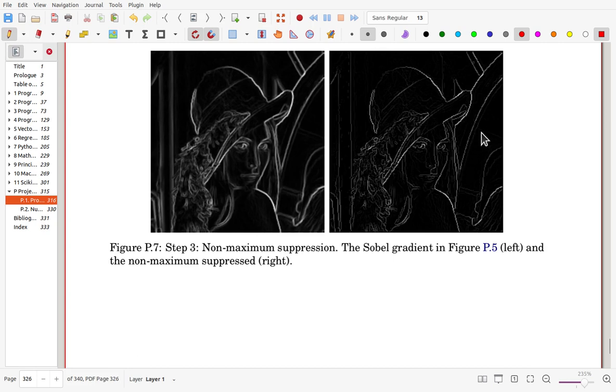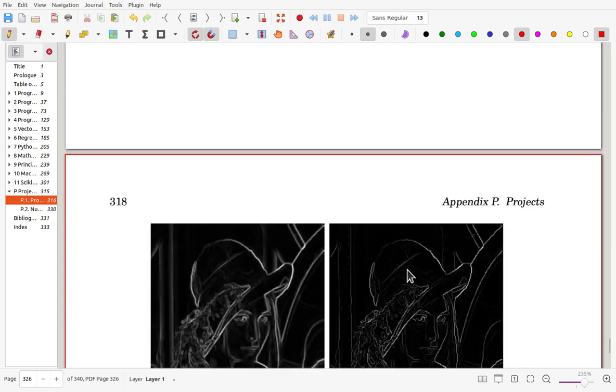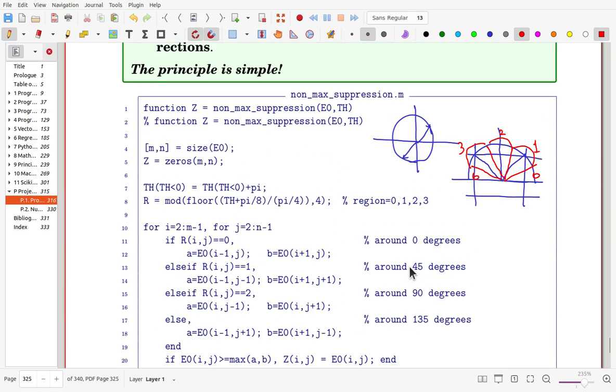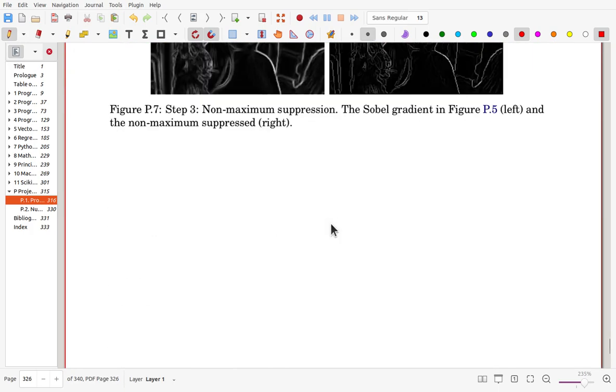We see thin edges here. In this way, we make the edges thin. It is a very good algorithm, and non-maximum suppression seems to work very nicely.